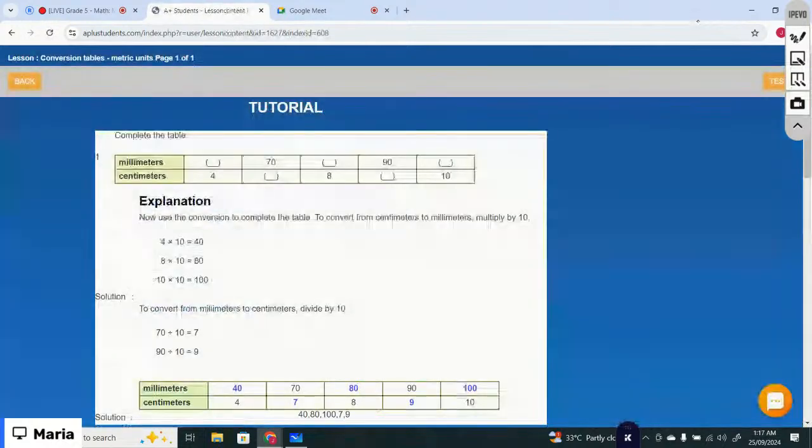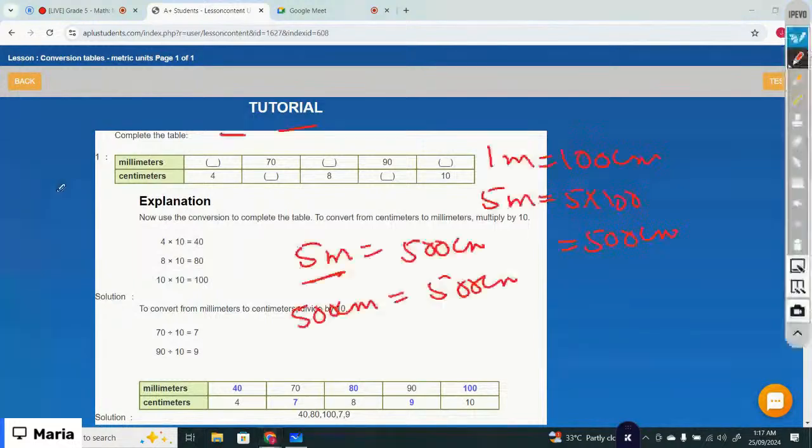Okay, so you need to complete the tables. You are given milliliters and centiliters. You have to convert them. Some of them you are given the milliliters, and for some values they are given the centiliters. So that's a conversion between the milliliter and centiliter, right?